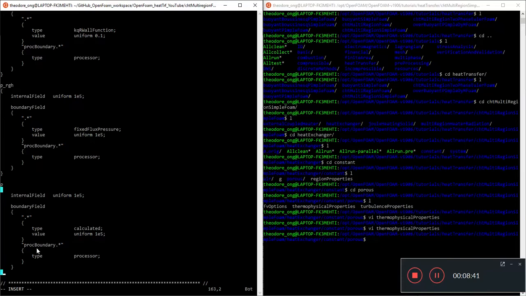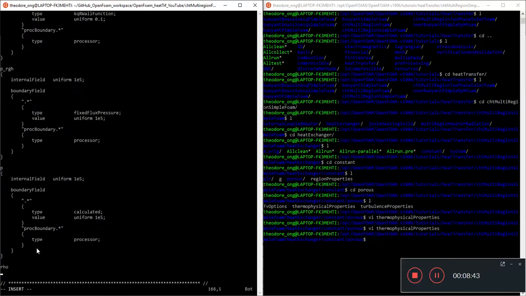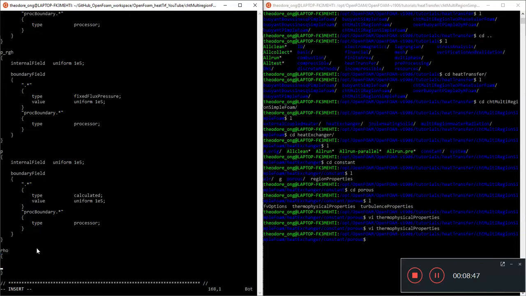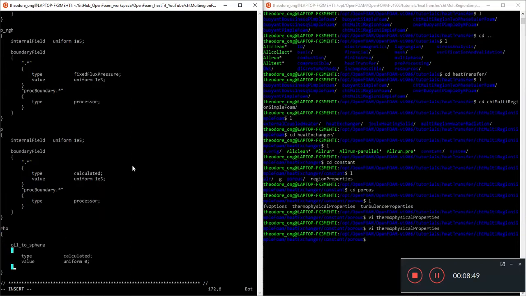Okay, so the roll file is basically to help OpenFoam reconcile where to put all this intermediate information for density.